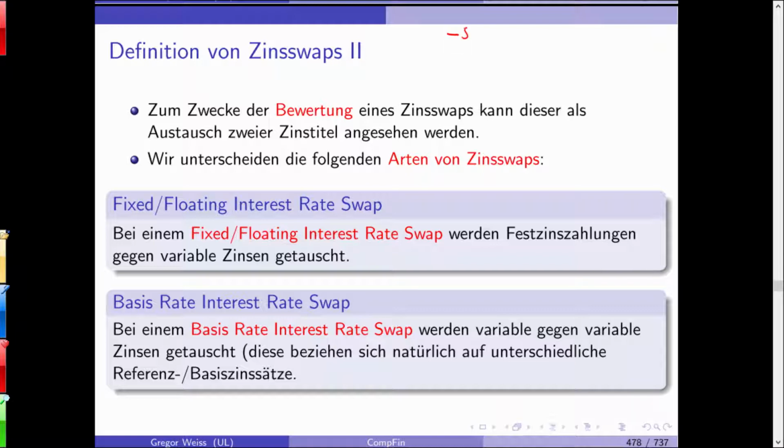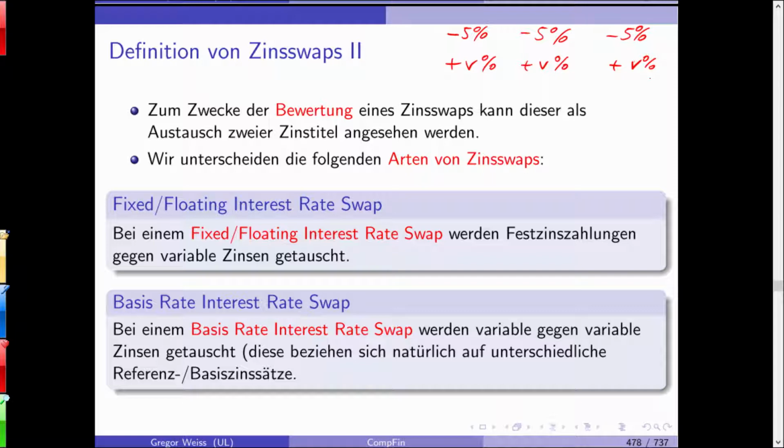Usually you will pay, let's say, 5%, minus 5%, minus 5%, and you will get a variable interest rate. This is, for example, the cash flow stream for the buyer of such a fixed floating interest rate swap.